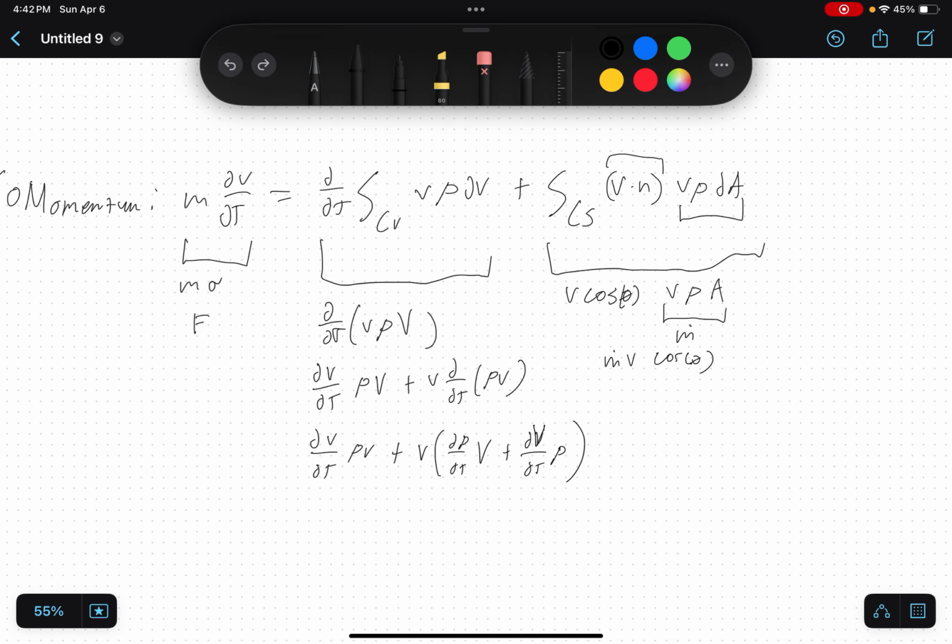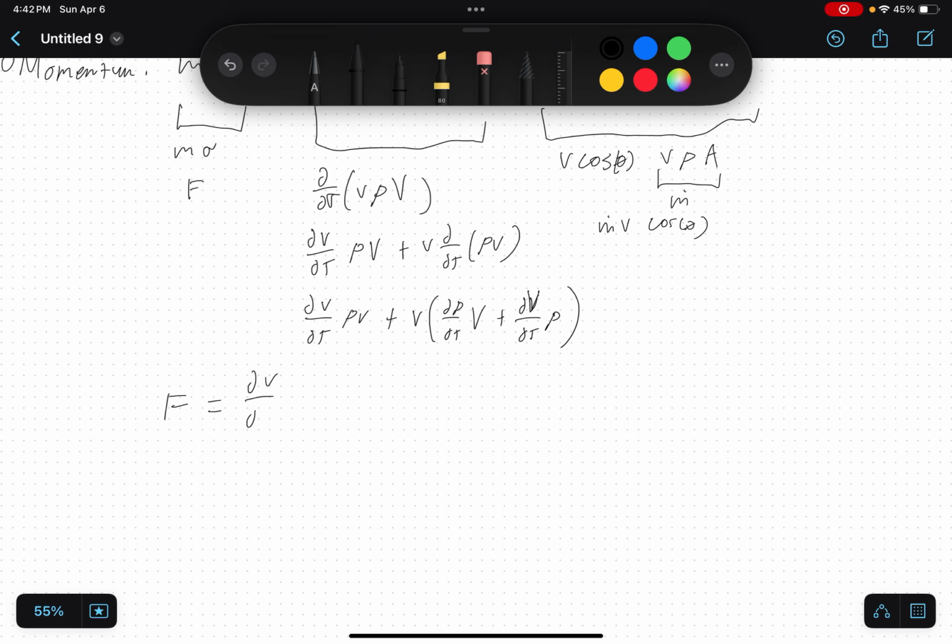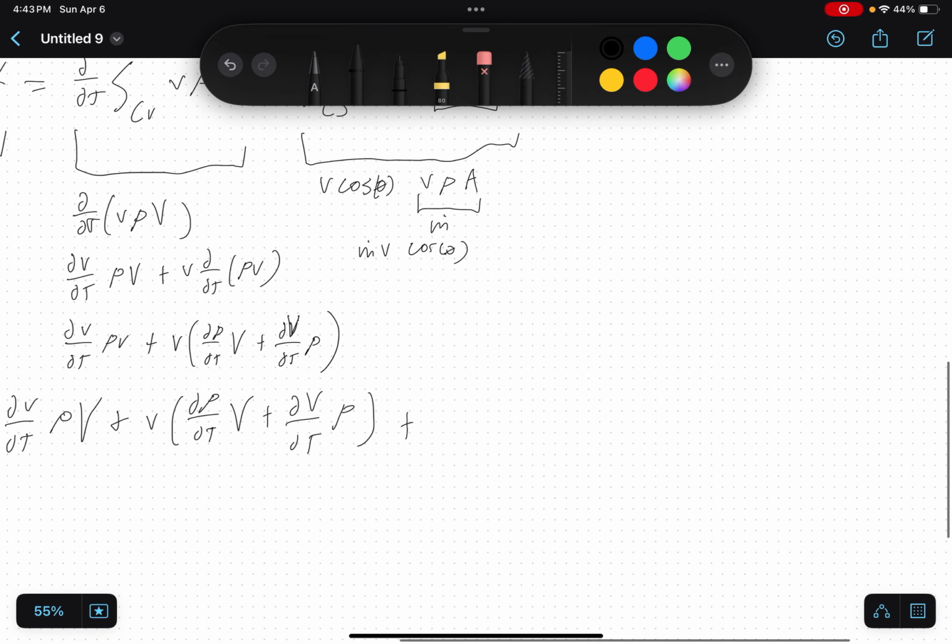Pretty cool. So, final form, force equals the sum of those.